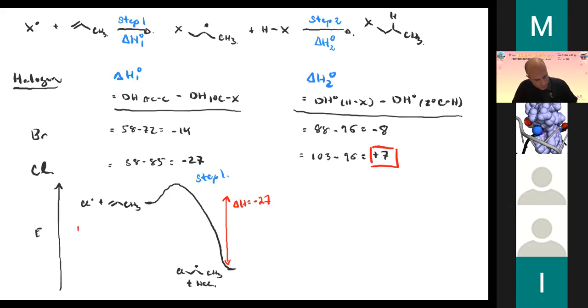Okay. I can then draw the first step for the bromide addition. So it's going to be Br dot, plus propene. Okay.